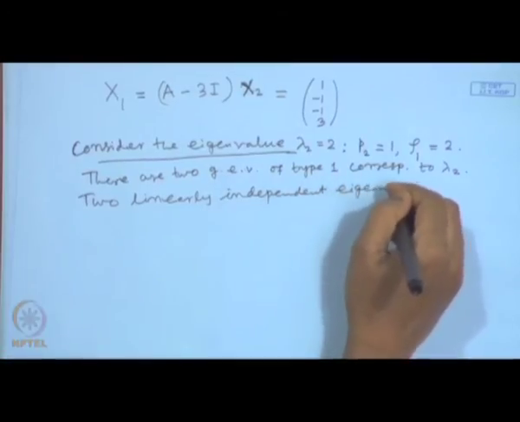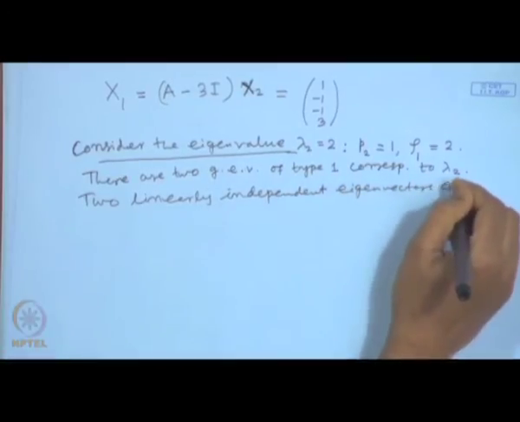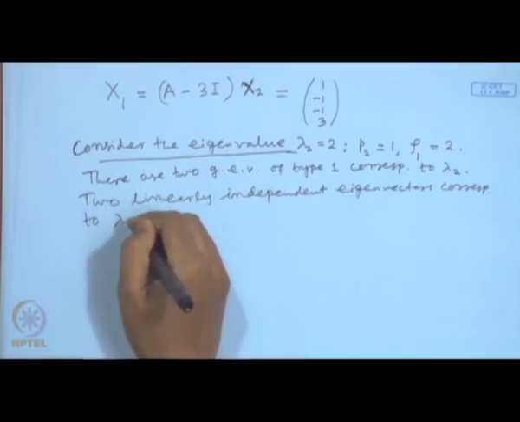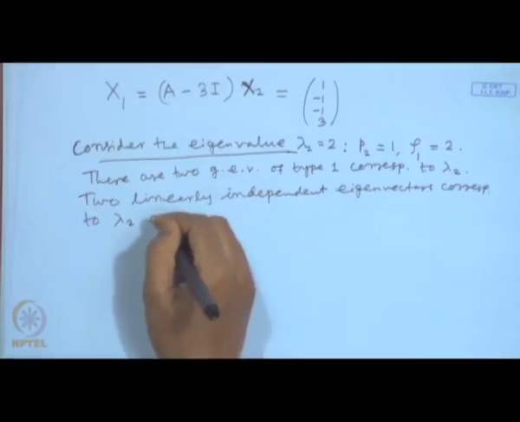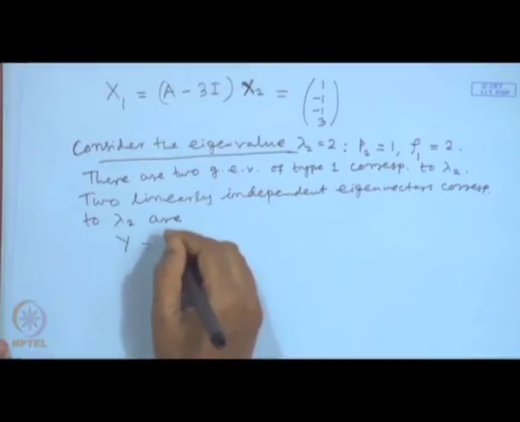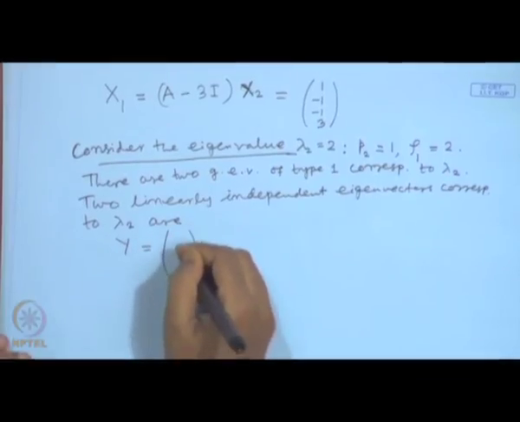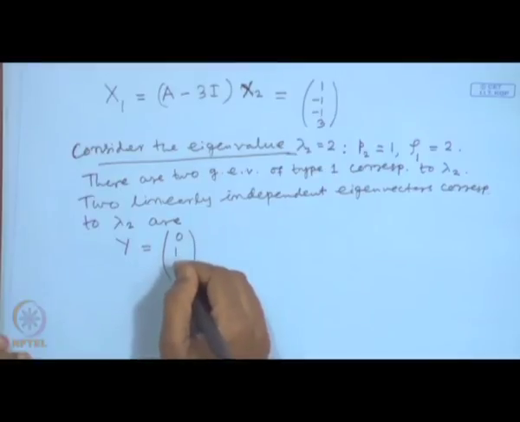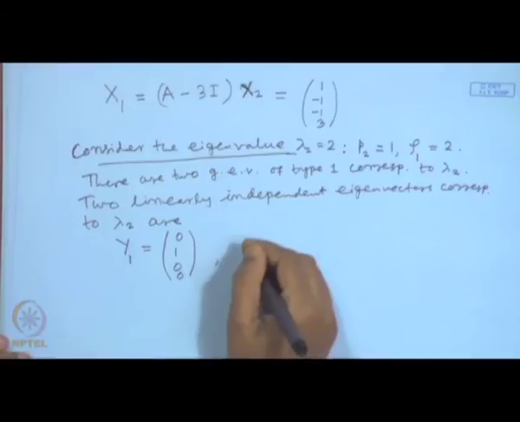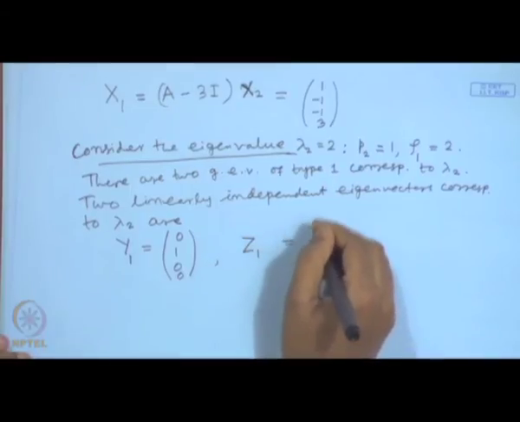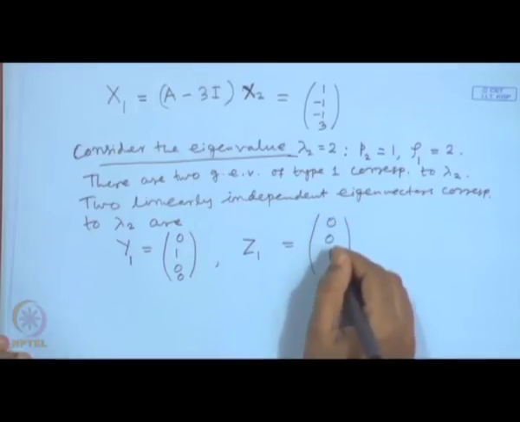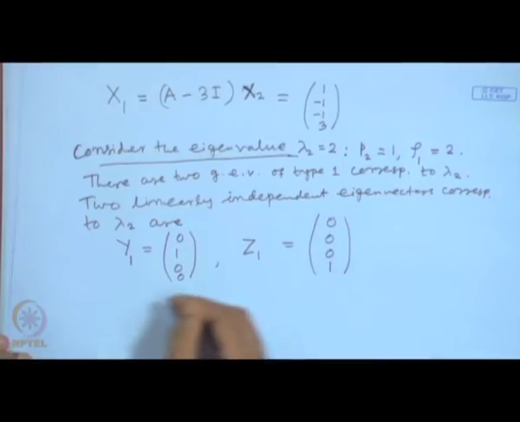One can find one as y 1, which one may take as 0, 1, 0, 0, and the other, z 1, one can take as 0, 0, 0, 1.